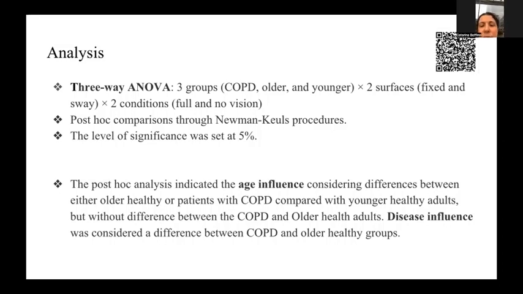For age influence, we consider a difference between either older healthy adults or patients with COPD compared with younger healthy adults, but without difference between COPD and older healthy adults. And we have disease influence criteria that consider a difference between COPD and older healthy groups.